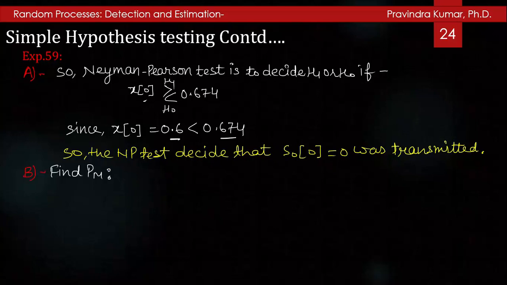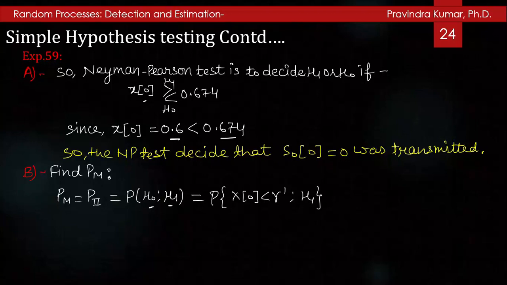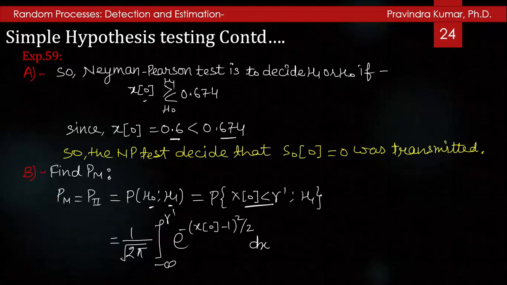And the second part was to find the second type of error, the probability of miss. You know the probability of miss means the probability of deciding H0 when H1 is true, that is, the probability of the sample being less than gamma dash when H1 is true. And it will be 1 upon under root 2 pi, integration from minus infinity to gamma dash of e to the power minus (x0 minus 1) whole square by 2 dx.